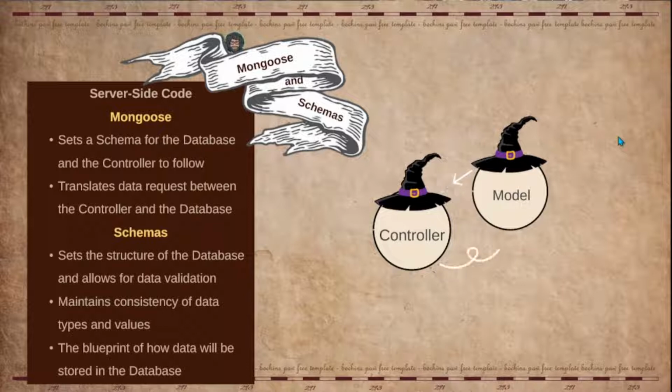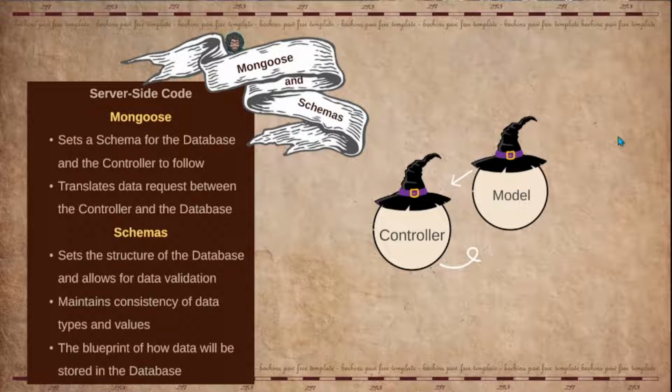So what's Mongoose? Mongoose is a program that uses schemas to ensure that consistent types and values of data are passed by the model to the controller. It's like a translator between the database and the controller.